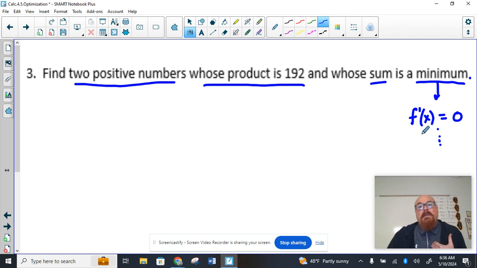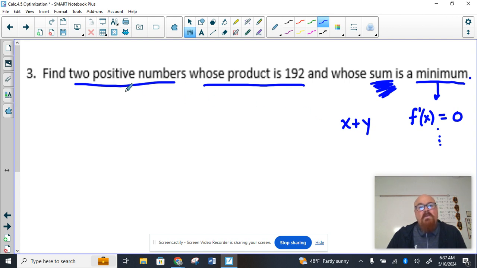We just need to be able to write the statement that we're trying to minimize, and that statement will be the sum of two numbers, okay? So if I'm just like, yeah, okay, I need to minimize this, because I don't know what those two numbers are. How are we going to minimize this statement, right? Again, do we want to do implicit differentiation? We really don't. Okay.